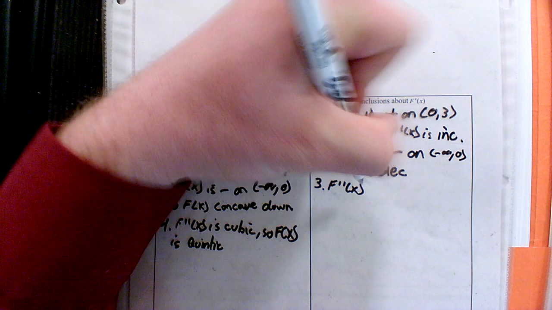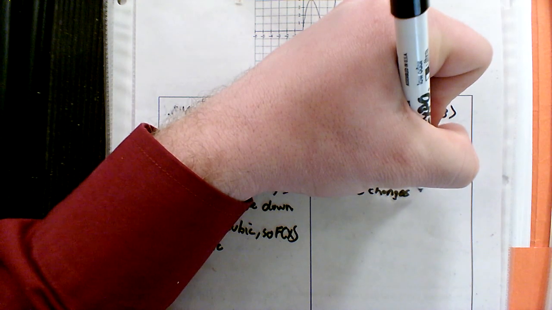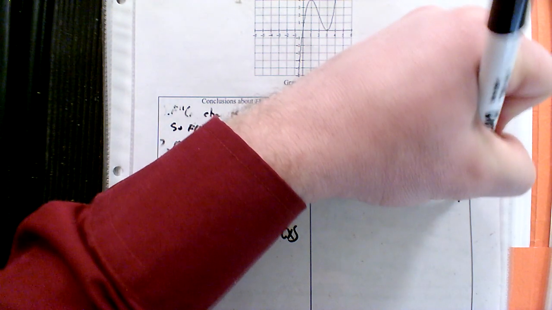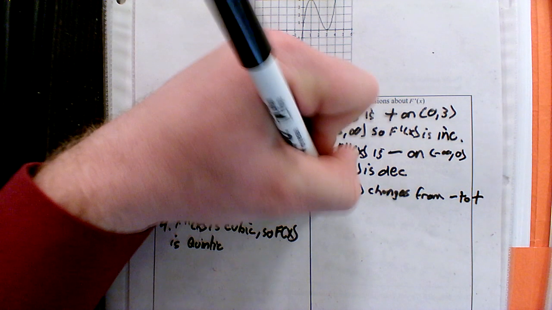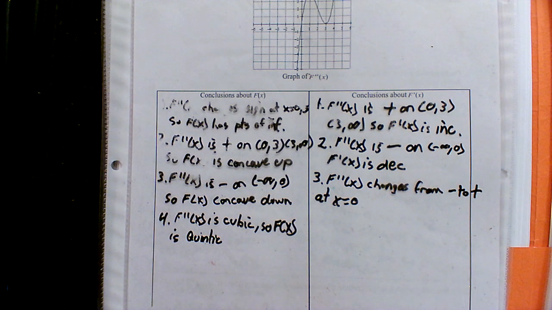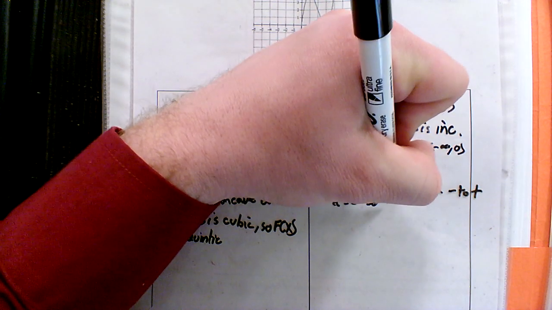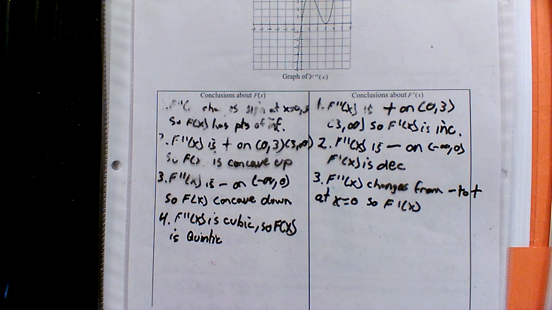F double prime of x, second derivative, changes sign. So changes from negative to positive at x equals 0. So f prime of x has what? What can we say about it?